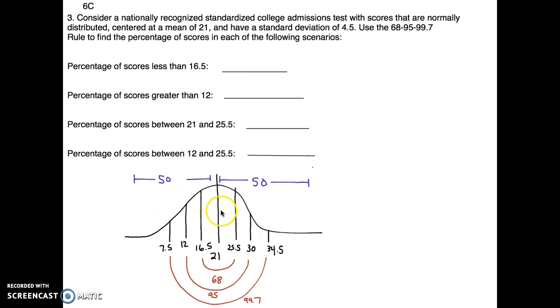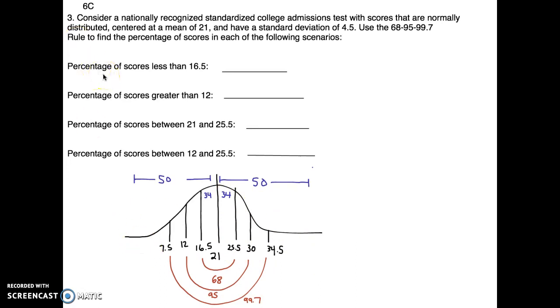So if we want to figure out what's in between each of these, we know that within 1 standard deviation is 68. So if we cut that in half, 68 divided in half is 34. So 34% will fall between 16.5 and 21, and then 34% will fall between 21 and 25.5. So we can continue this pattern. So let's keep all this in mind as we go through and answer these questions.